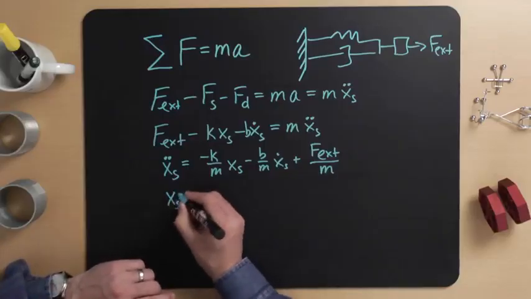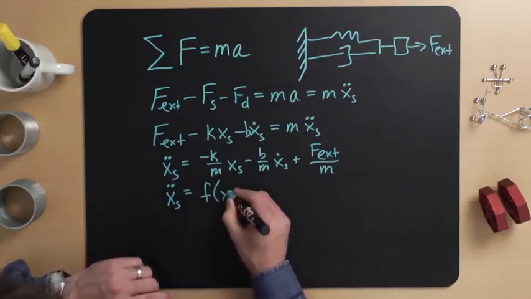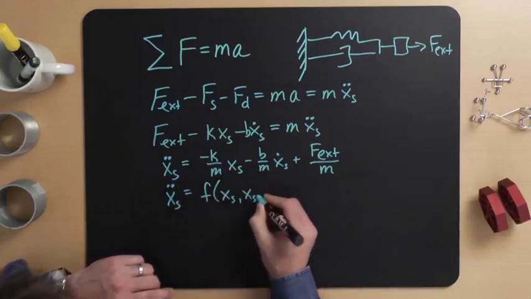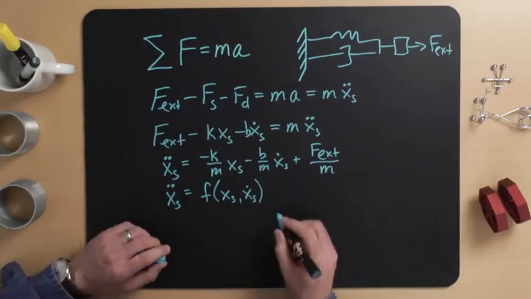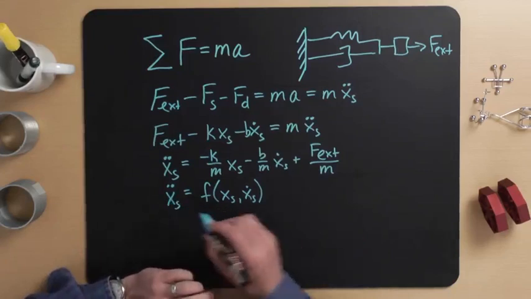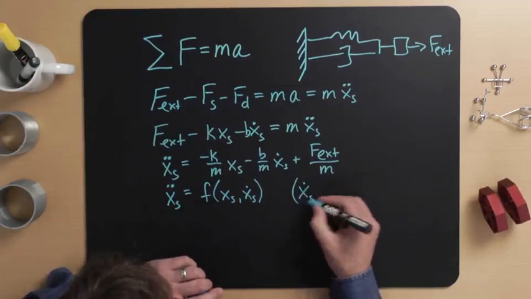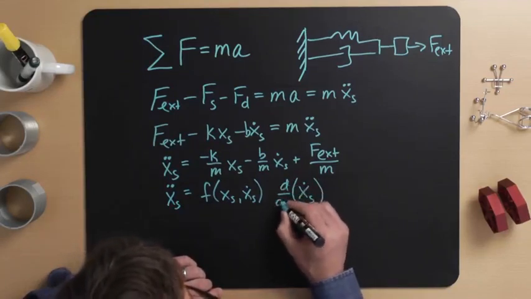To do so, it is helpful to note that the equation can be rewritten as x sub s double dot is equal to f, some function of x sub s and x sub s dot. Now, we can rewrite this double time derivative as x sub s dot, but taking d dt of that.